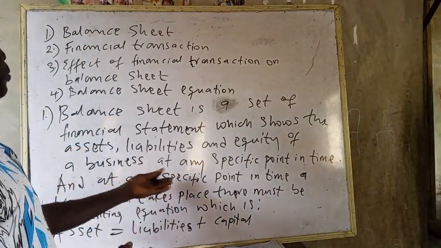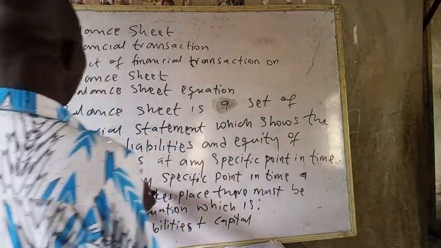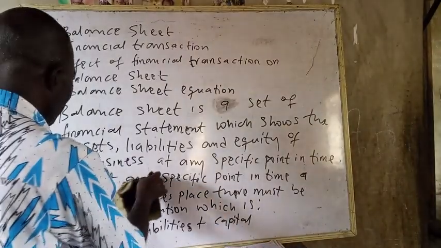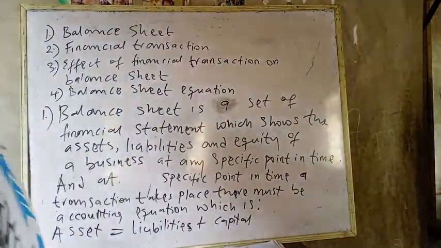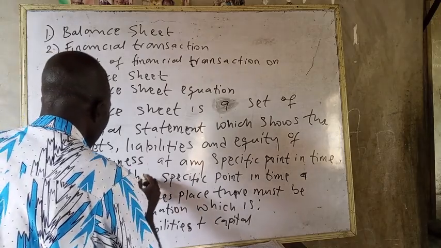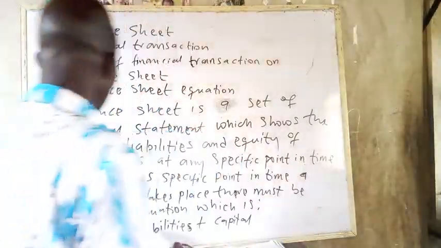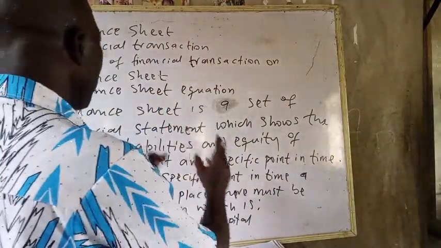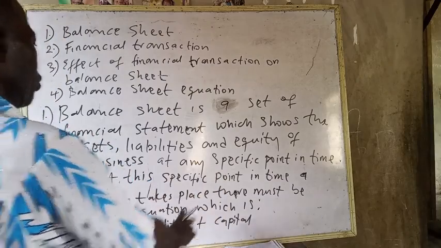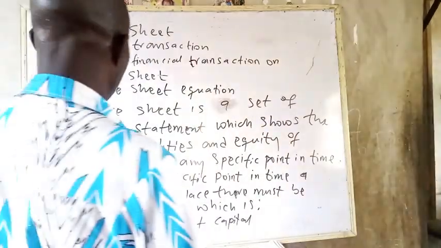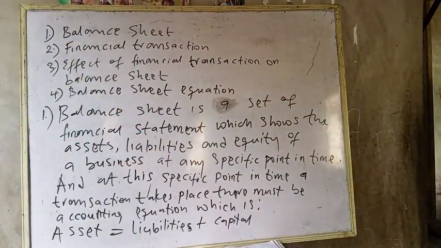And at any specific point in time, when a transaction takes place, there must be the accounting equation, which is assets equal liabilities plus capital. So this is the balance sheet.